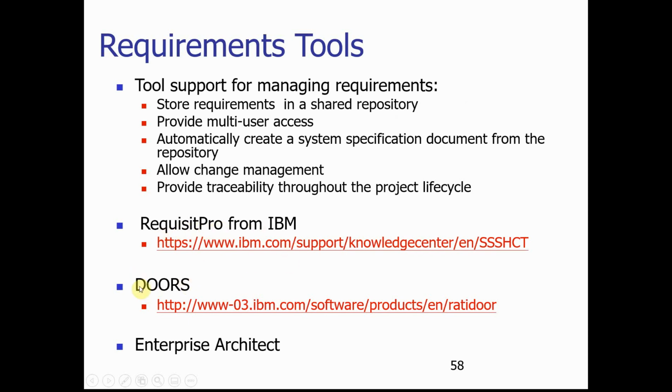DOORS is a very popular distributed requirement tool. And Enterprise Architect can also support requirements. You can have your requirement document items managed by Enterprise Architect. You can also draw use cases and requirement models using Enterprise Architect.